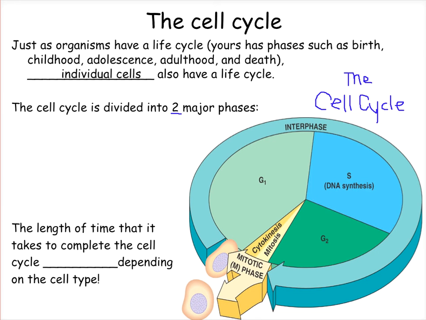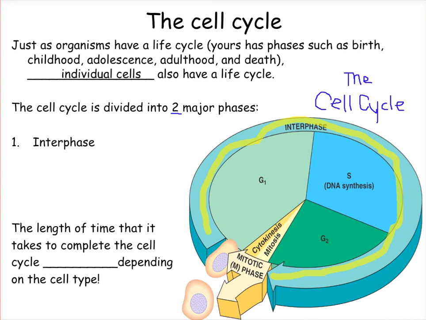The first is called interphase. And that's what you see here beginning the cell cycle, this entire first part is interphase. This makes up the majority of the cell's lifetime.